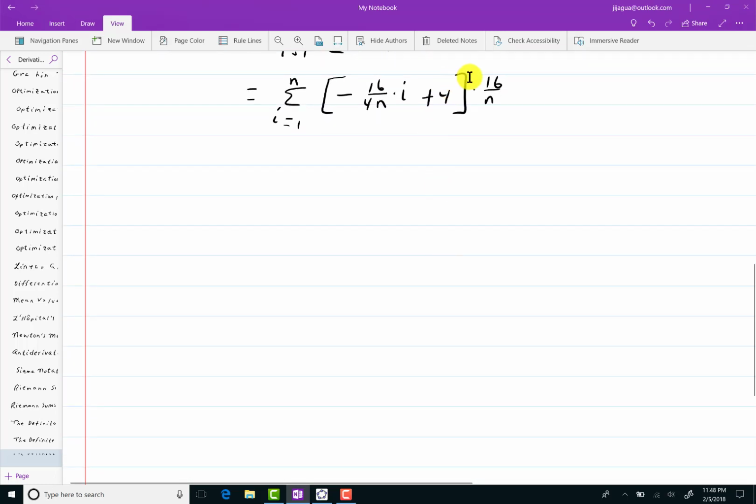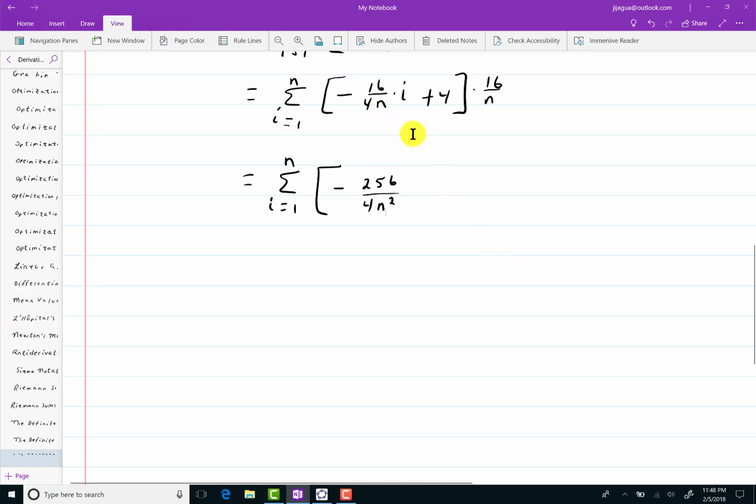And now let me multiply through by the 16 over n. There's a lot of things you can do here, but multiplying it through is not a bad idea, so let me go ahead and do that. That'll be the sum from i equals 1 to n. So when I multiply the 16 over n times this first term, I will end up with negative 256 over 4n squared. Boy, am I very slow on the uptake, aren't I?